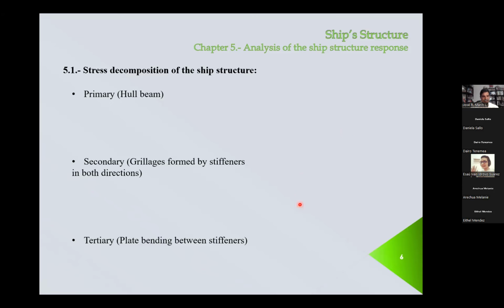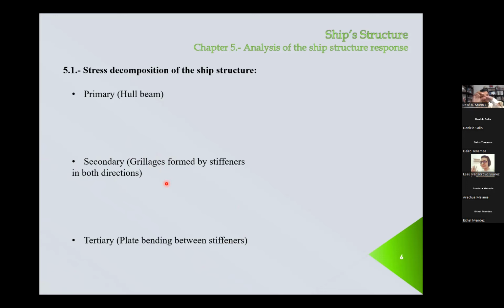And finally, the tertiary behavior. In this case, you have plating, longitudinals, or transverse, and you consider only the plating between these elements. Remember, please remember, when we talk about secondary, and that's something that we explain at the end of chapter 4, the plating is welded to the stiffener or to the girder.